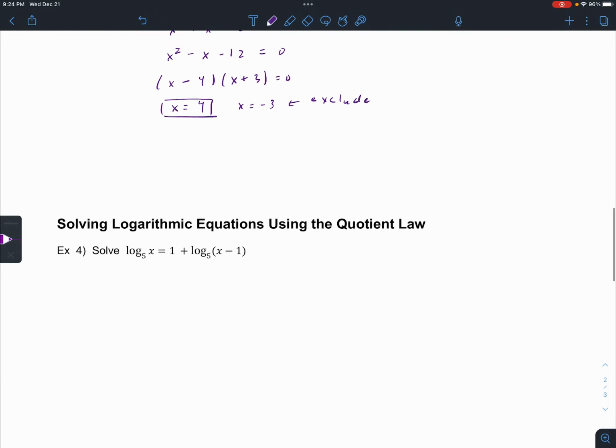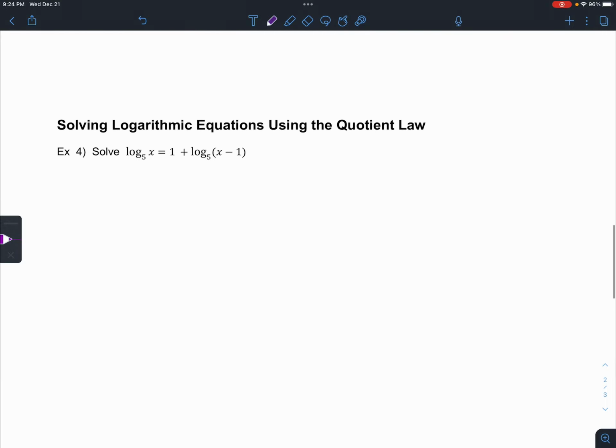Okay, let's look at example 4 as well. So now we're going to be using the quotient law of logarithms. So log to the base 5 of x minus log to the base 5 of x minus 1 is equal to 1.